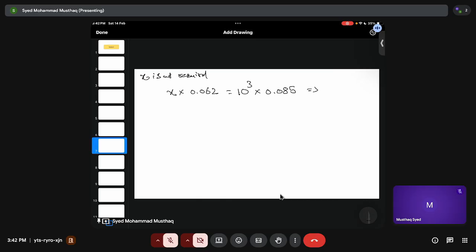So if you calculate, x will be 85 by 62 into 10 cube, which is approximately 1.97 kgs. So this is the amount of coal that you need to get 1 ton of coke.